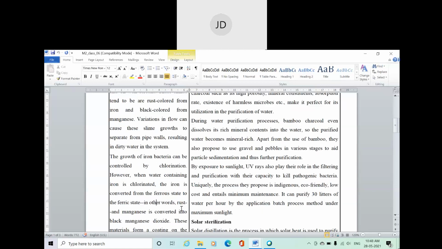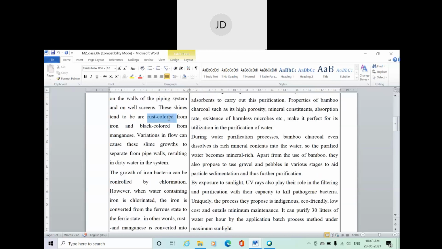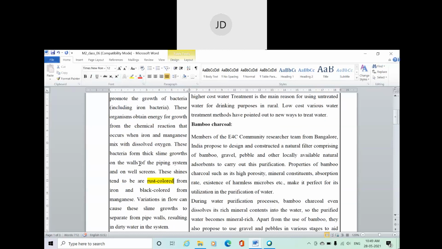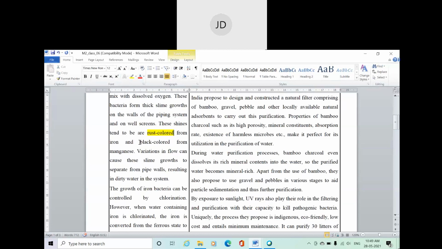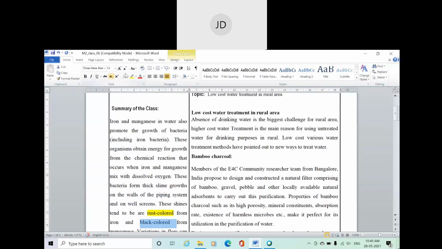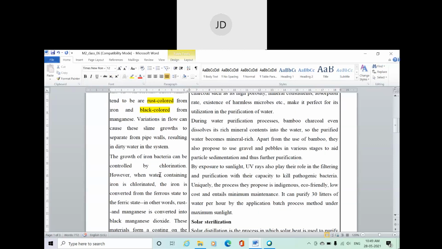So basically, how the rust color, which is coming from the iron, and the black color, which is coming from the manganese, is explained here. So the presence of iron bacteria is basically removed by chlorination.